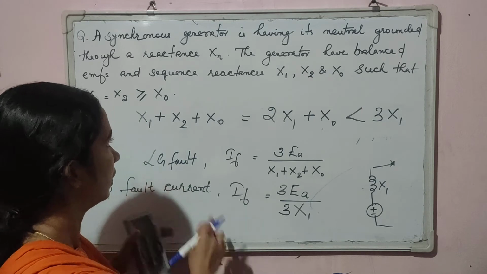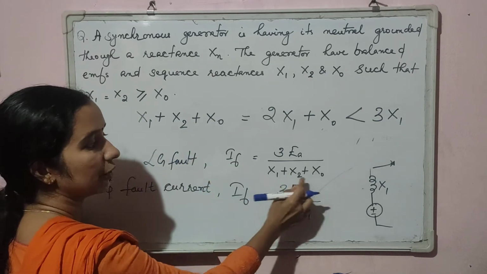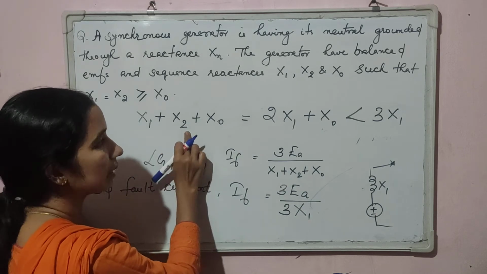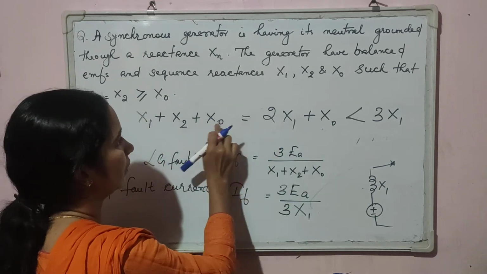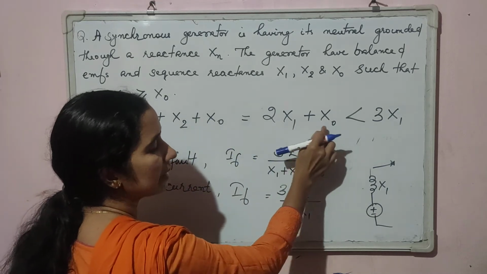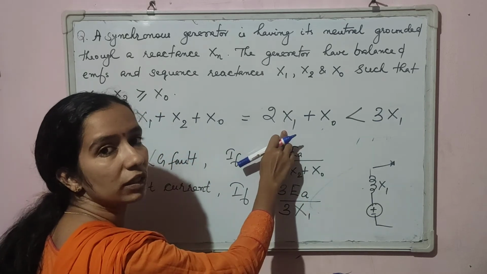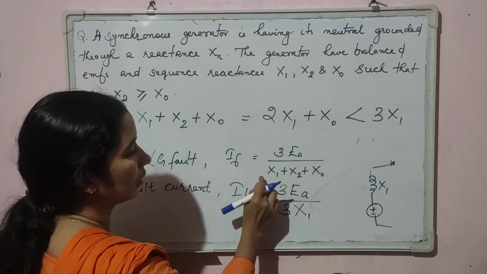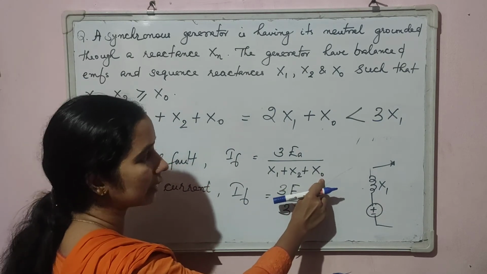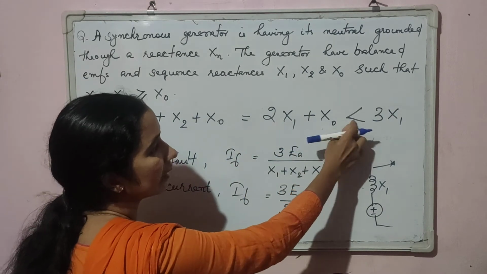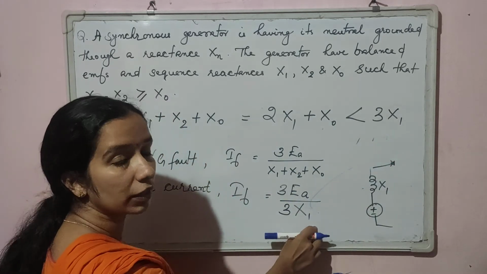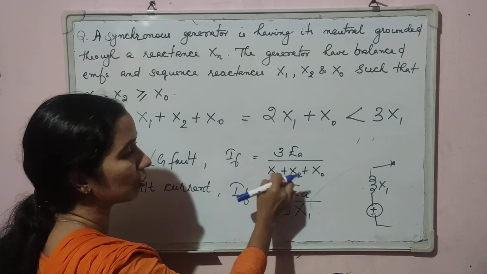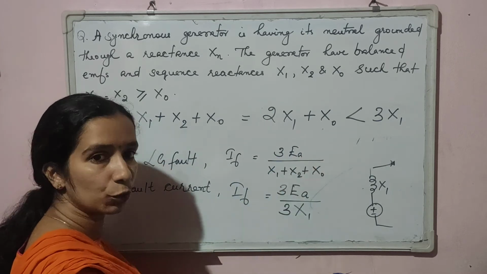X1 is equal to X2, so X1 plus X2 plus X0 is 2X1 plus X0. As X0 is less than X1, 2X1 plus X0 will be less than 3X1. Denominator is less means the value of this current would be more.